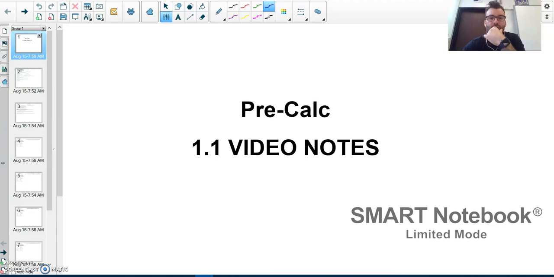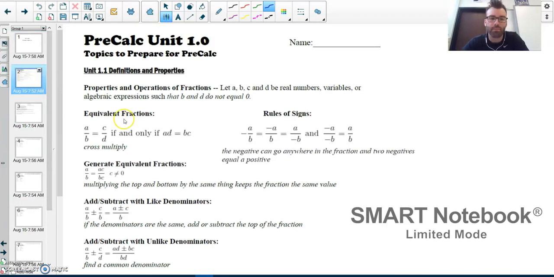Today we're just kind of introducing pre-calc. You're going to hear a lot of terms that you may have heard before in your previous math classes. If you look on your packet, at the beginning it says topics to prepare for pre-calculus. I'm not going to go through all these terms. These are a lot of things you've already seen before.